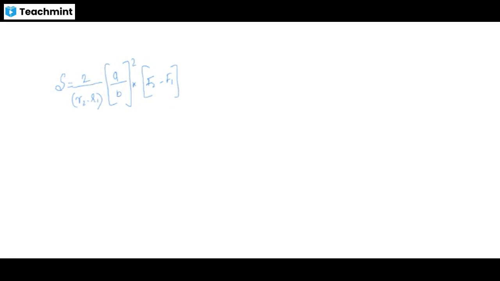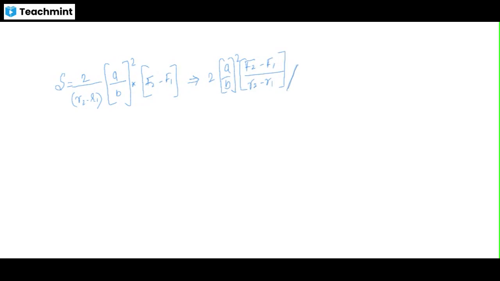If you simplify this further, we get 2A by B square in bracket F2 minus F1 divided by R2 minus R1.